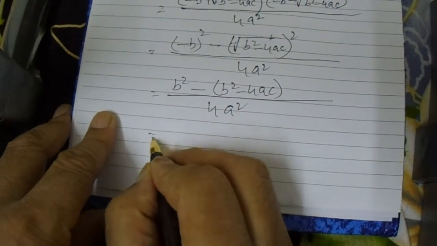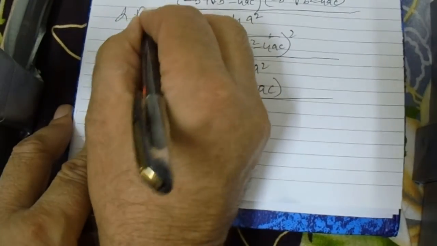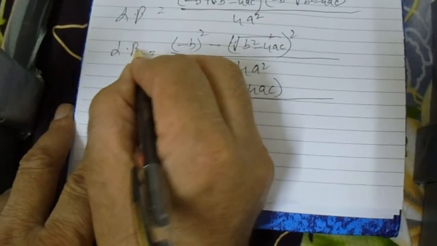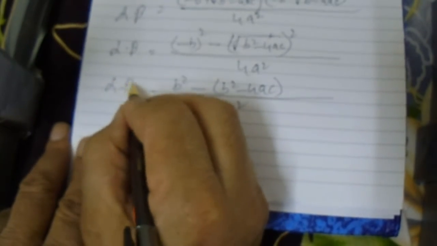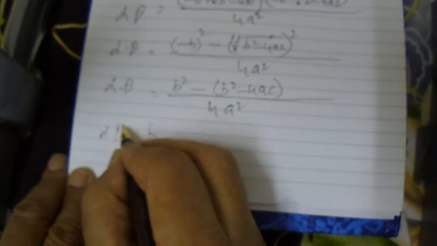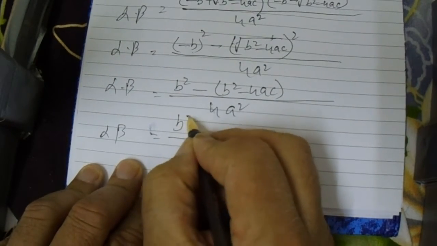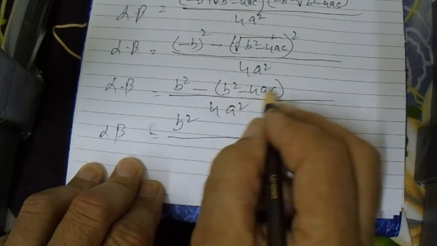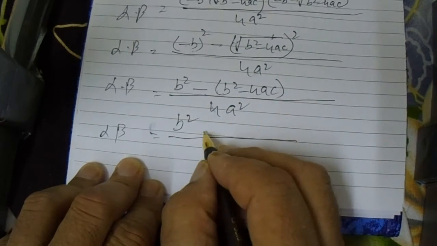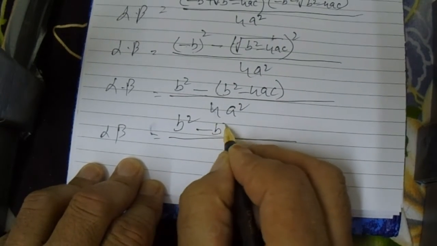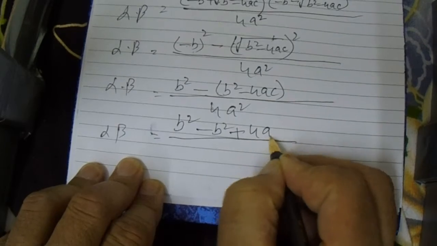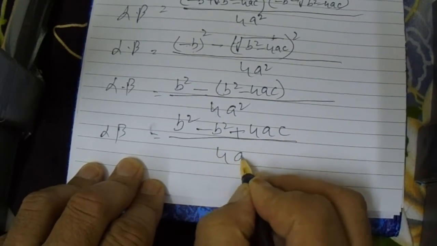Now again alpha into beta is equal to, now this b square we remove the brackets and minus will multiply by inside: minus b square and plus 4ac over 4a square.